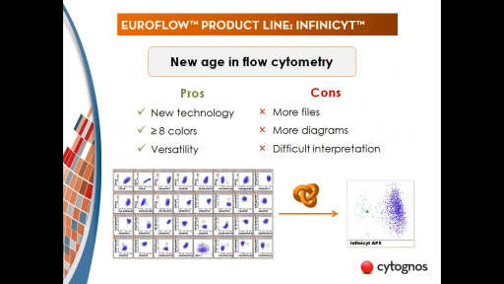In 2006, 8-color flow cytometry started to rise in the market. Also more new fluorochromes, new antibodies, new clones, so they had a lot of new technology, but they faced more problems. They had more files, more diagrams, and of course the interpretation of these 8-color combinations was really difficult. So they decided to create a new approach for the analysis, multivariate analysis, and put it within a software, which is the Infinicyt one.